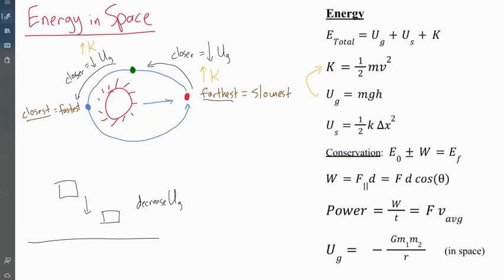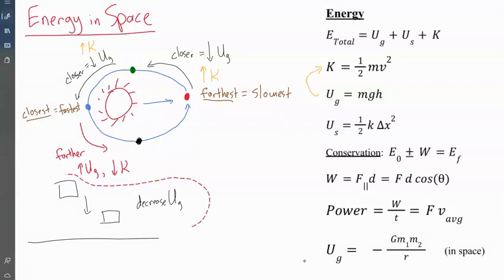We could see this happening again if we add another dot, but it will just happen in reverse in that case. As we're getting farther, we will increase gravitational potential energy. But when we turn some of that energy into gravitational potential, that means we have to decrease the kinetic energy.